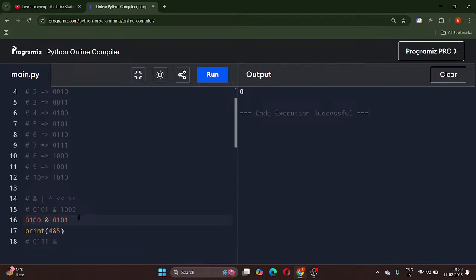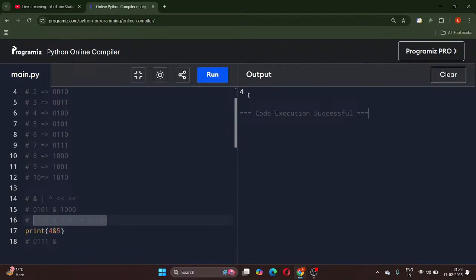Now you can see that the final result would be 0 and 0, which is 0, then 1 and 1, which is 1, afterwards 0 and 0, which is again 0, and then 0 and 1, which is 0. So 0 1 0 0 is basically the binary representation of 4. Hence, here we should get the final answer as 4. Now let us run it, and this is what you're getting as the final answer, right?